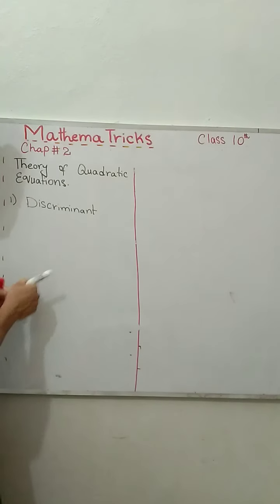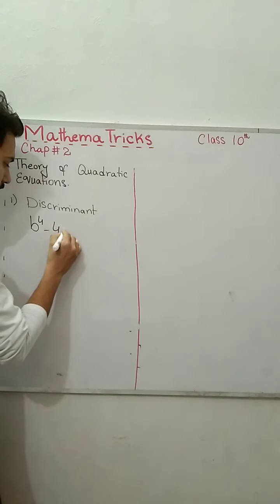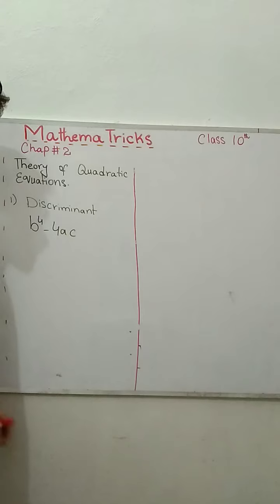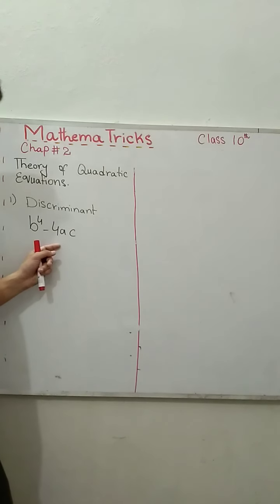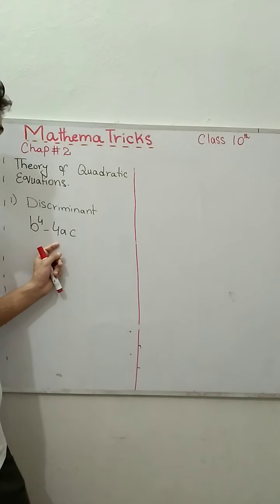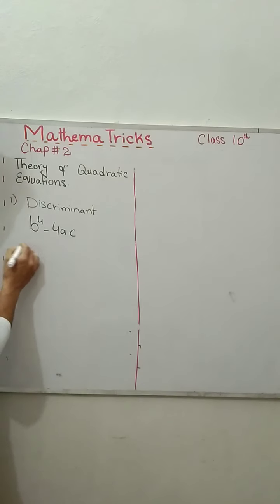So mathematically, b square minus 4ac is known as your discriminant. Now we have certain conditions according to this discriminant to know what kind of nature a quadratic equation has.